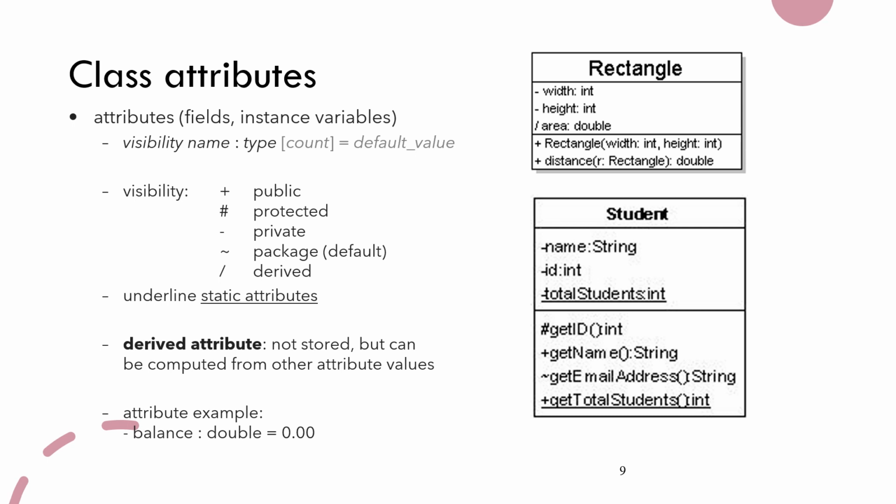We can see these features in the class presentation, but not in ER. ER maybe has them, but they are defined in another way, not in the diagram. But here in the class diagram, we can see the visibility of the class method, whether it is protected, public, private, default and so on. Derived attribute is not stored but can be computed from other attribute values.